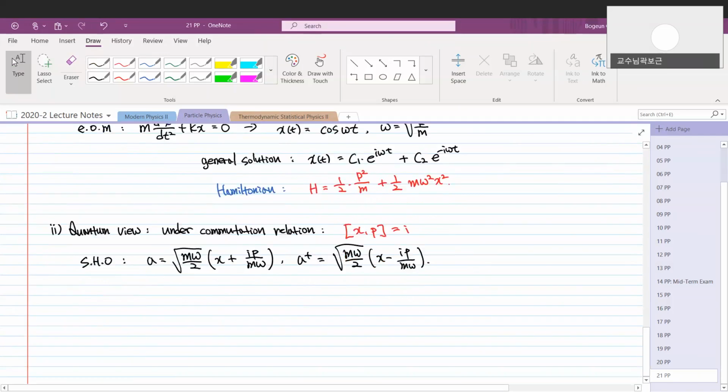I think this is just some review of quantum physics, so I do not go into the detailed calculation of such commutation relations.